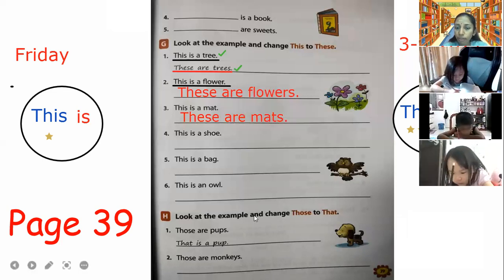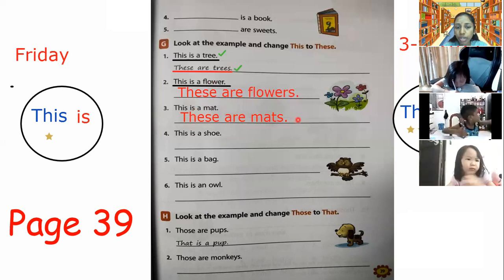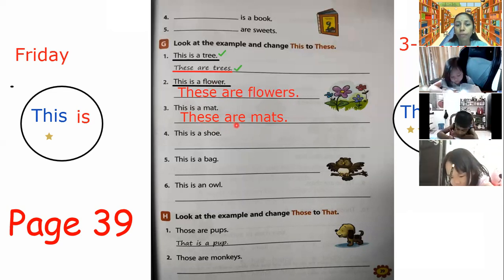Yes, you are right. Because we have made this sentence a plural noun, right? The word these we use for plural. The word are we use for plural. And we have added letter S at the back here. So it shows there is more than one mat. These are mats. So children, please write down the answer on the space.